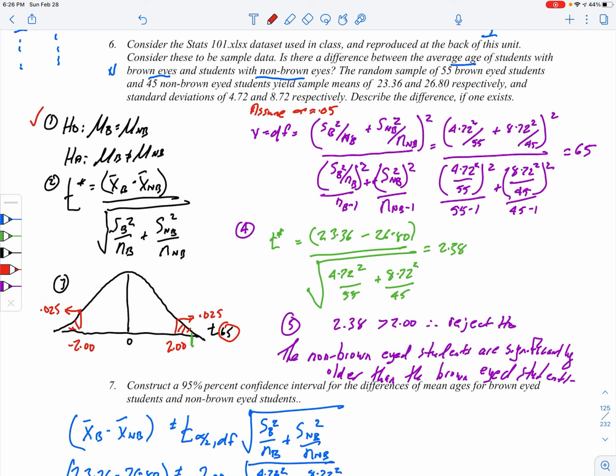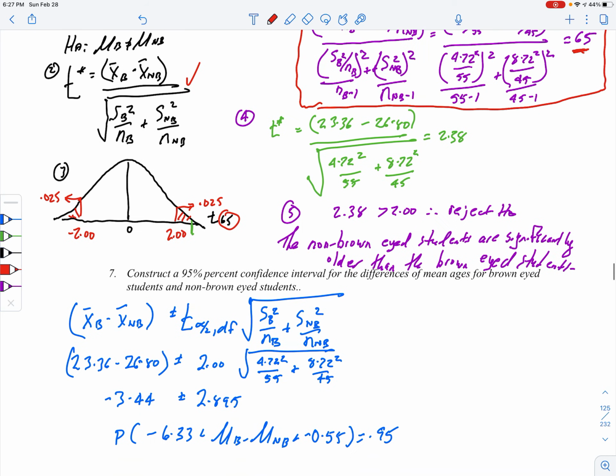But I do show you the calculation here if you wanted to go through and try that. So you end up with 65 degrees of freedom. So I wanted to show you this because when you do this on a computer, you'll take a look at the degrees of freedom and say, where did that come from? I don't know how they got that. Well, this is how you get it. Okay, so the degrees of freedom are 65.